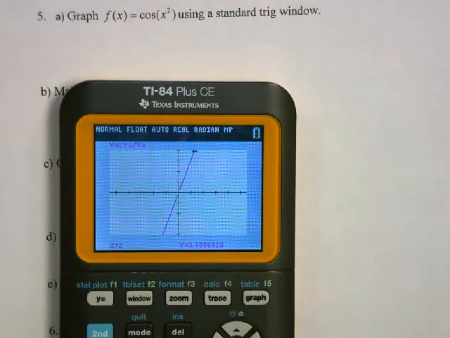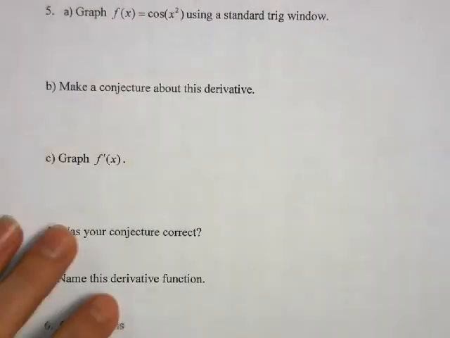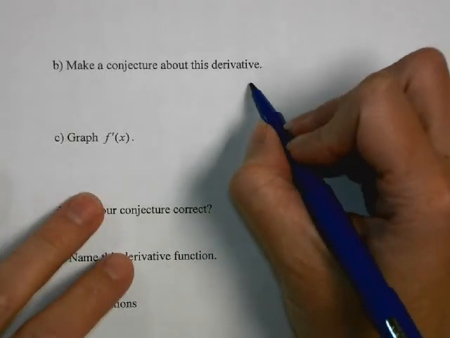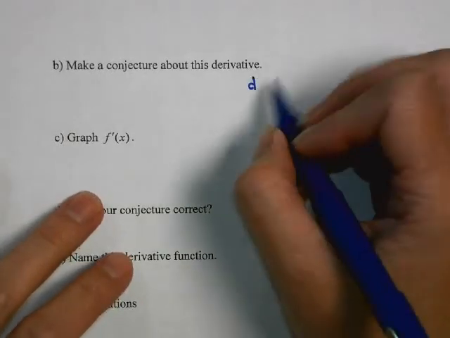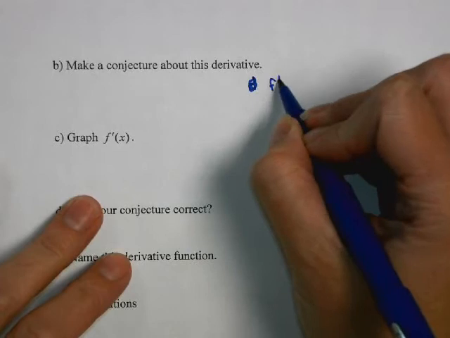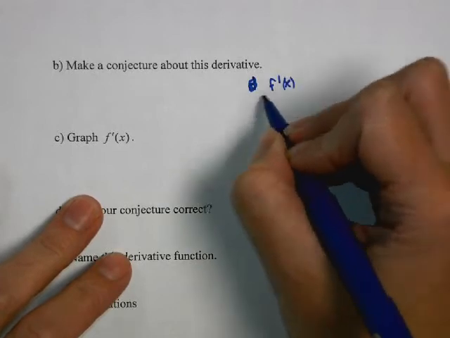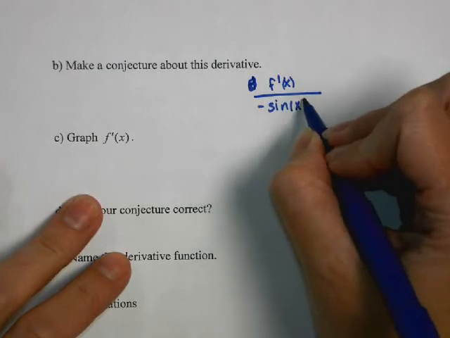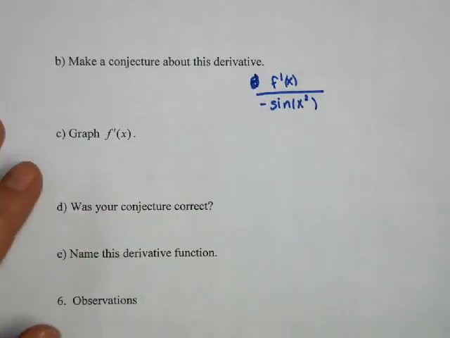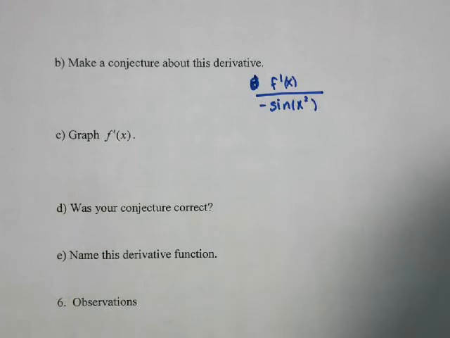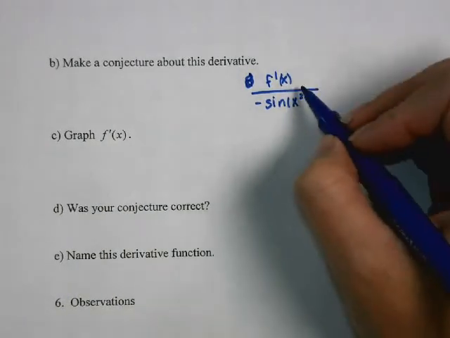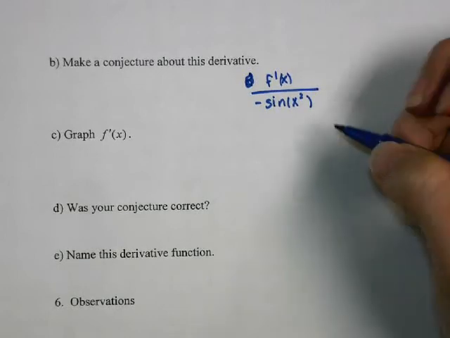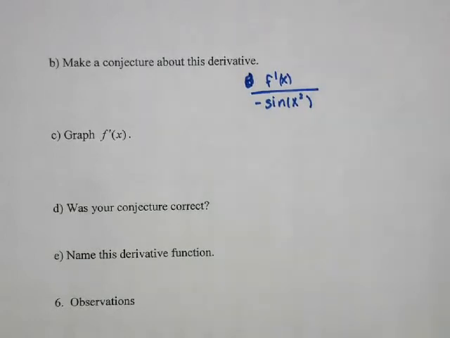Let me illustrate how this plays out. I took the derivative, let's say f prime of x, and I divided out negative sine x squared, and the result was 2x, which means that this derivative is 2x times as big as the other one.